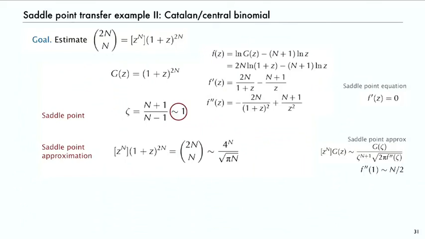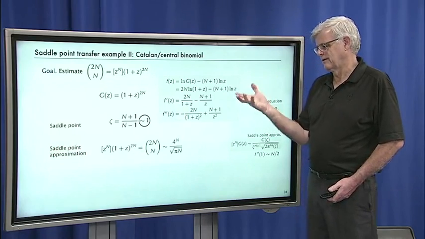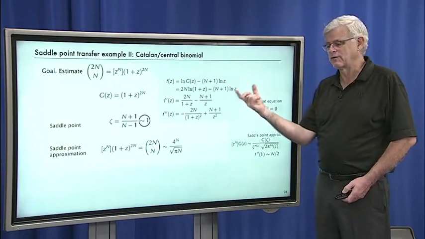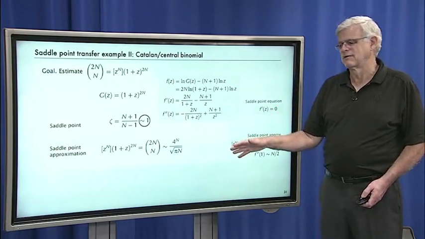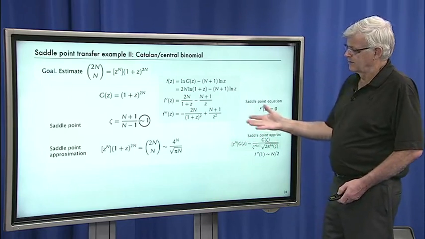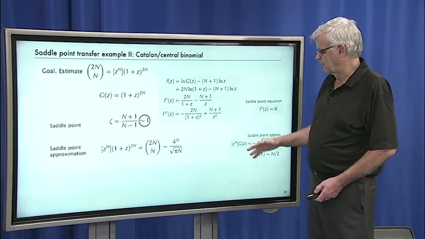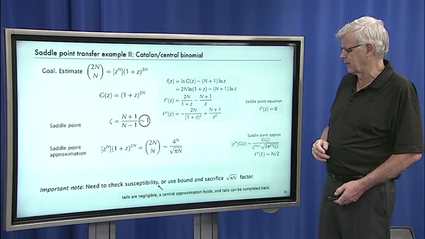Making that choice early on also simplifies the check of susceptibility and so forth, which is something you want to do. You're going to slightly shift the saddle point, as long as that doesn't disturb the idea that you have a quadratic approximation and that you have negligible tails. It's not going to matter, and we can more easily complete a full derivation for a problem like this.